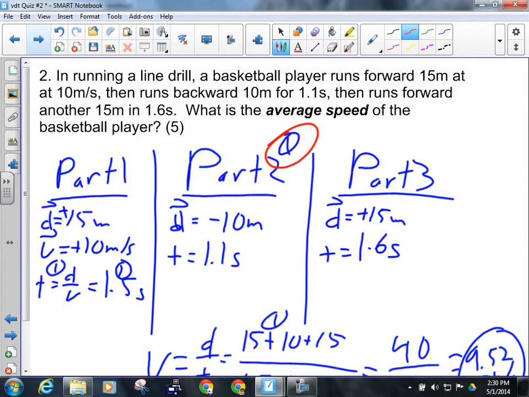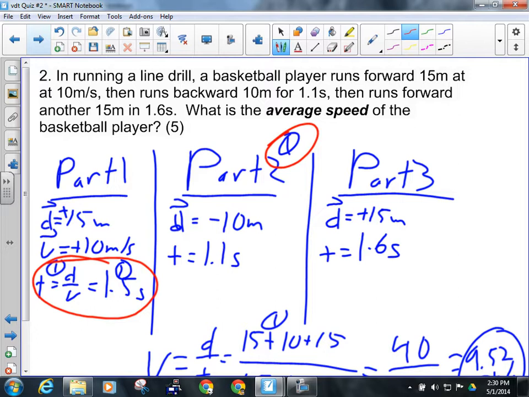However, they do not give me the time for part 1, and since I need total distance and total time, my first calculation is to calculate the time for part 1. So manipulate v equals d over t for t, t equals d over v, give them a mark for that manipulation, and give them a mark for 1.5 seconds.